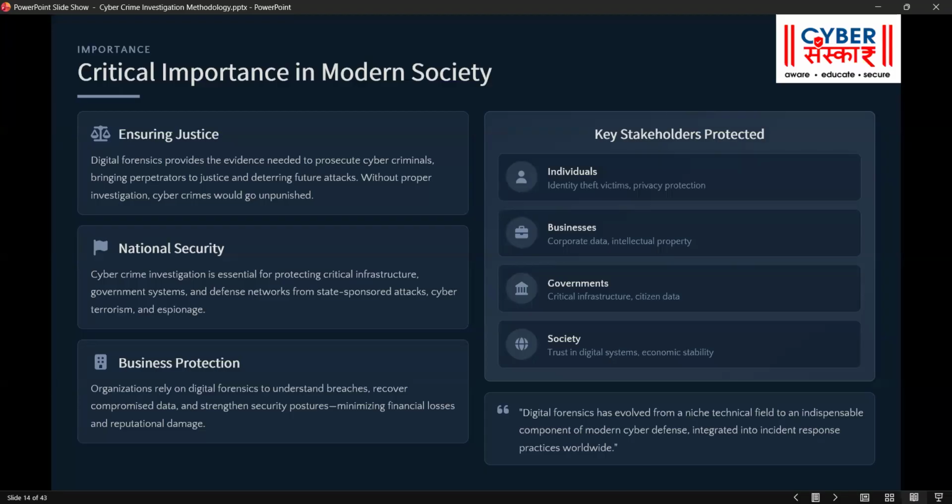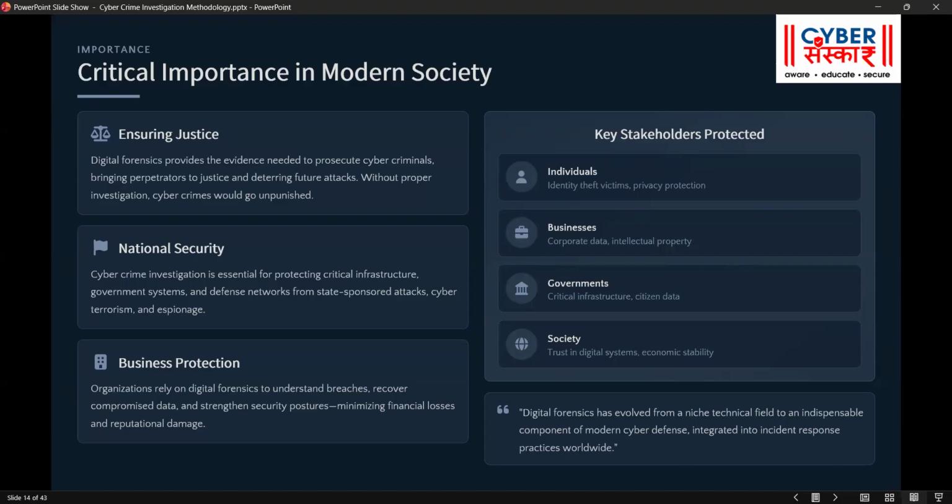Now, the main aim of the court and police is that the accused person who has committed the cyber crime should not go unpunished, so that he does not commit cyber crime again and again.